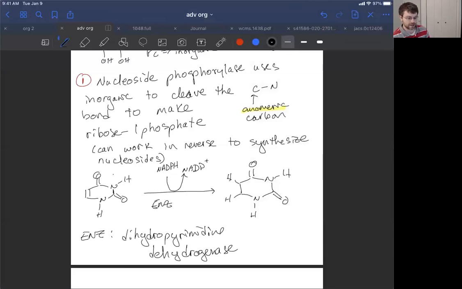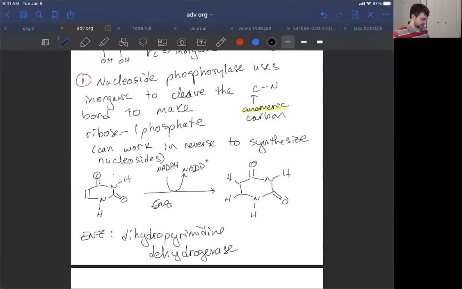If we add two hydrogens to it, we have a dihydropyrimidine. So I show those two hydrogens drawn explicitly. So the enzyme's named dihydropyrimidine dehydrogenase because it takes that starting material and typically makes it from the product of this reaction.